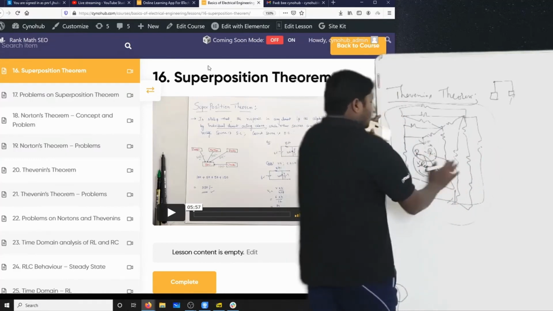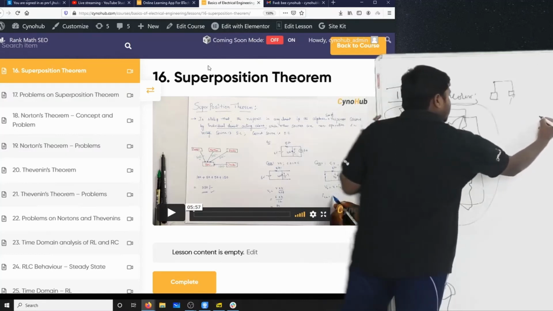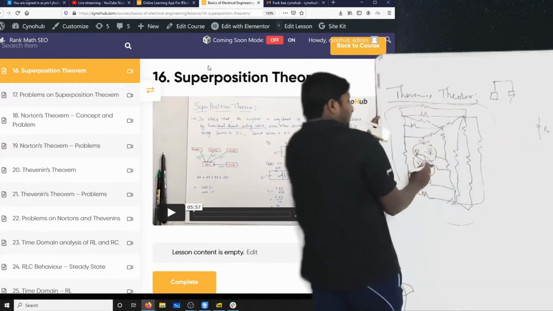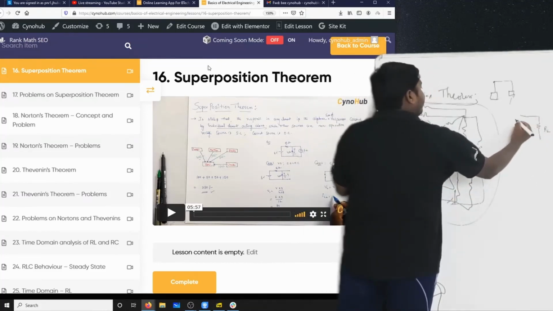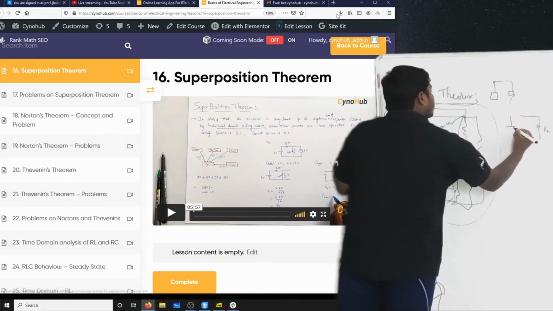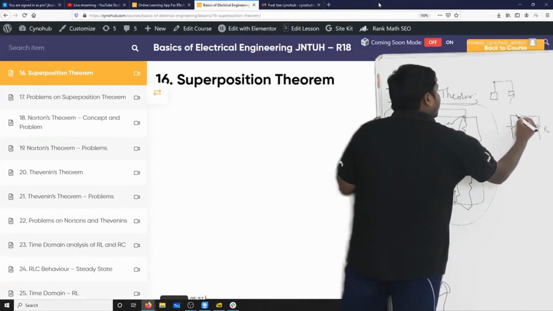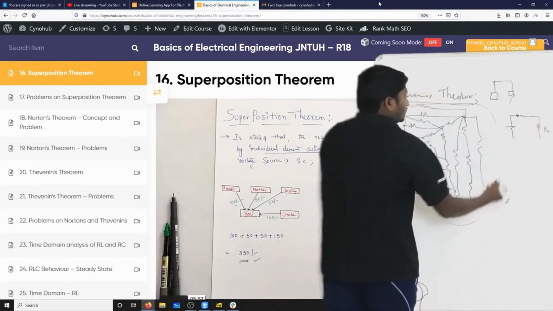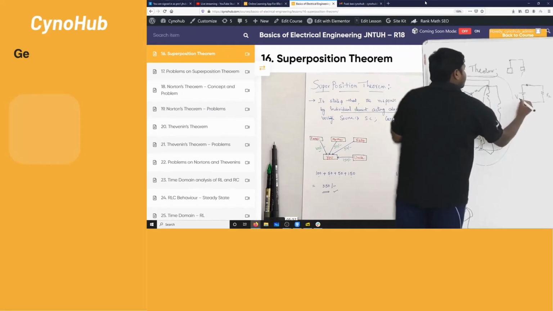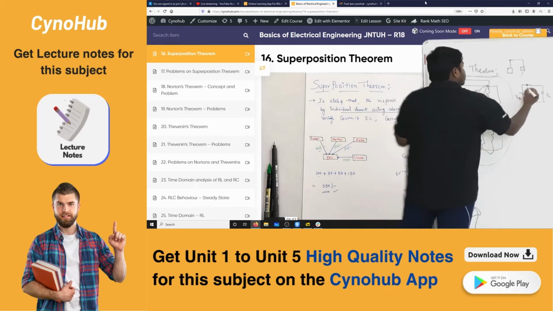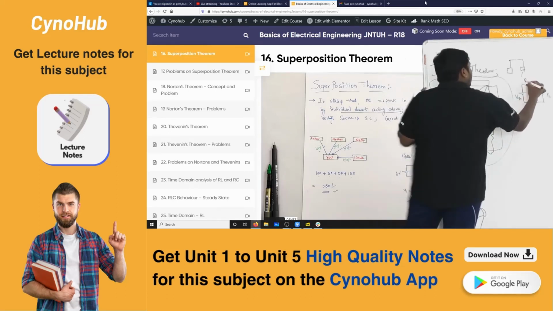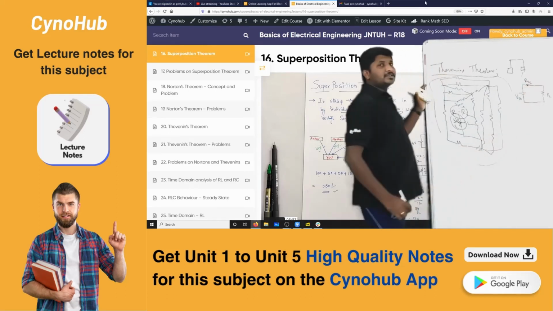Before the load resistor, everything is concluded by using two parameters, that is the voltage across this particular resistor and R equivalent, that is Thevenin's theorem.